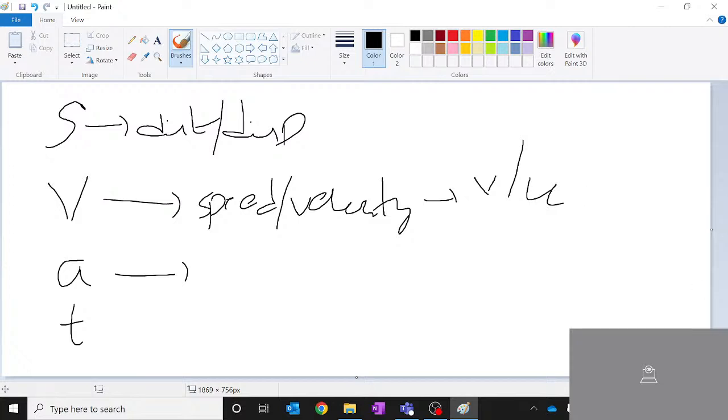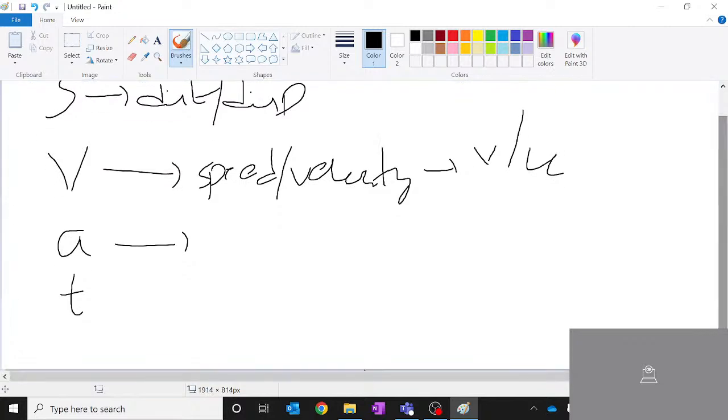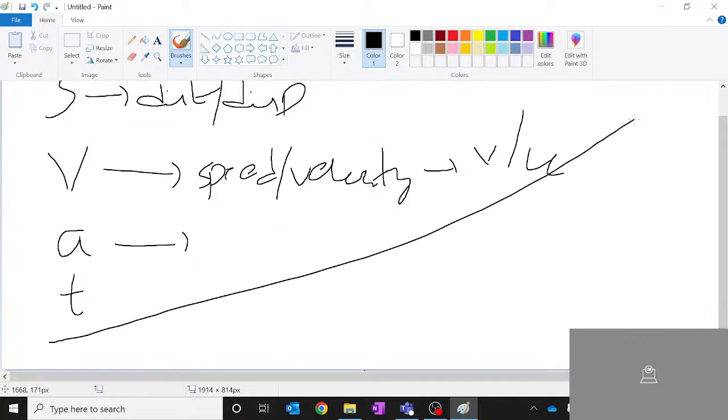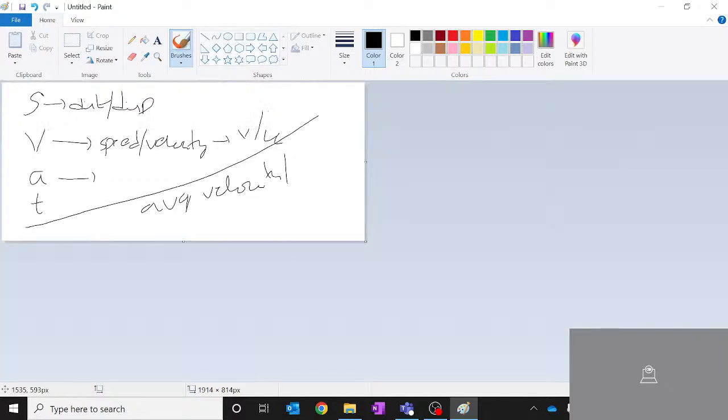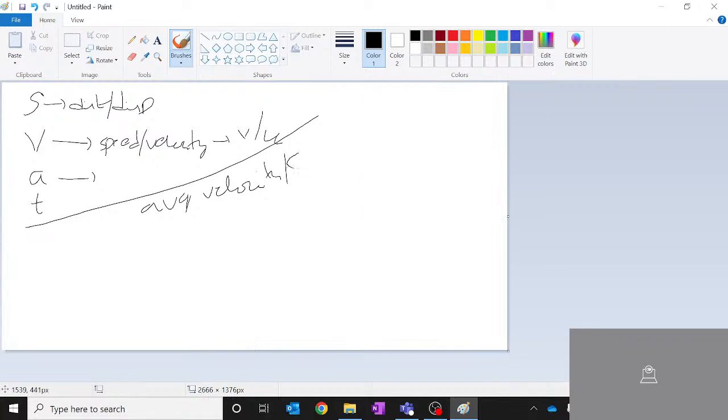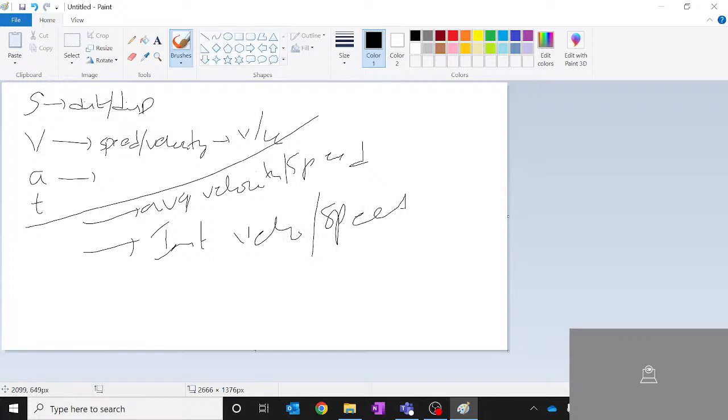Apart from this we have seen the concepts of average velocity or speed, however you call it. And then the next important thing was instantaneous velocity slash speed, which is nothing but the velocity at that particular moment.